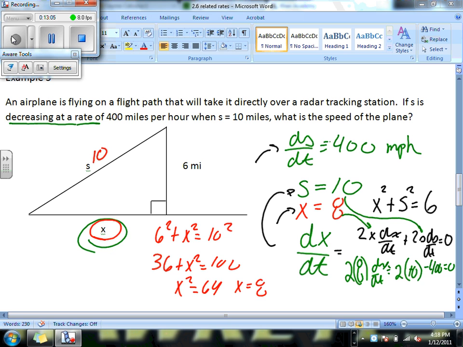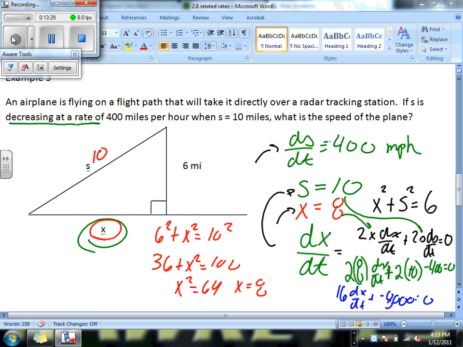So I have 16 dx/dt plus, let's see, negative 8,000 equals 0. Let's go ahead and solve.